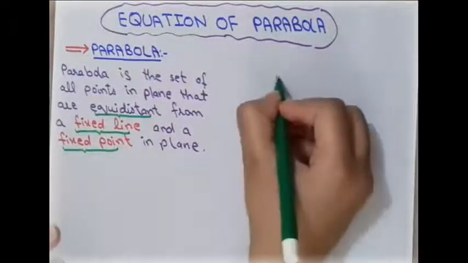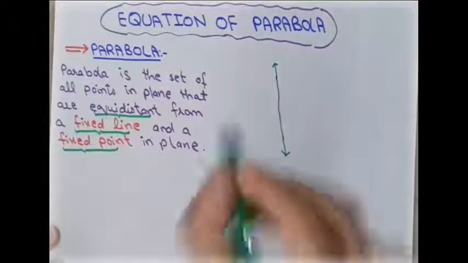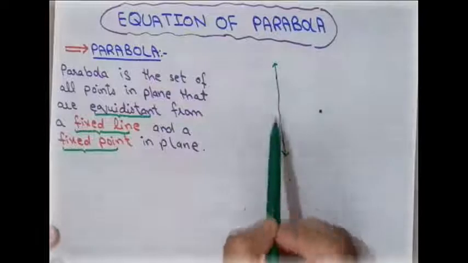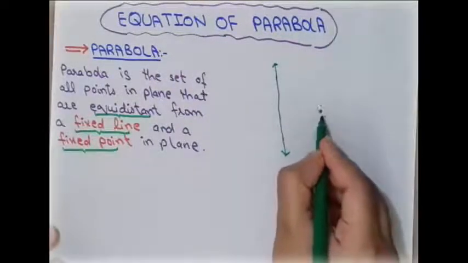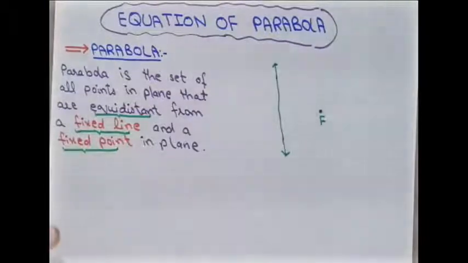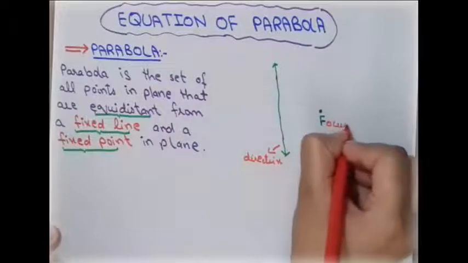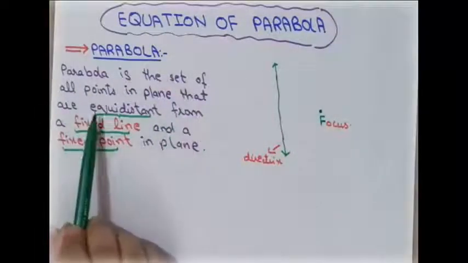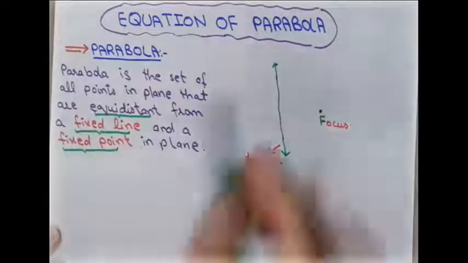Here is a fixed line, and here is a fixed point. The fixed line is called the directrix, and the fixed point is called the focus, which we represent by F. Suppose I take a point P. You see the distance from the point to the focus and to the directrix is equal.